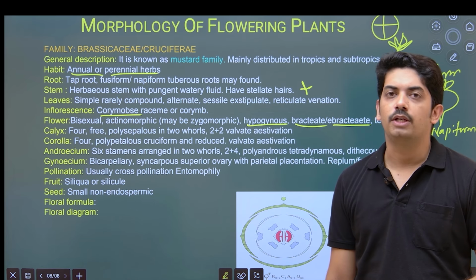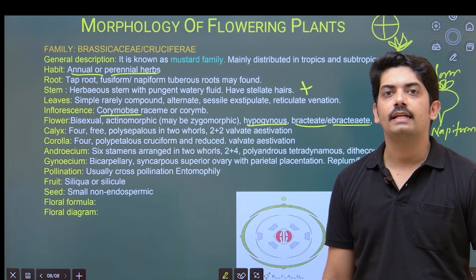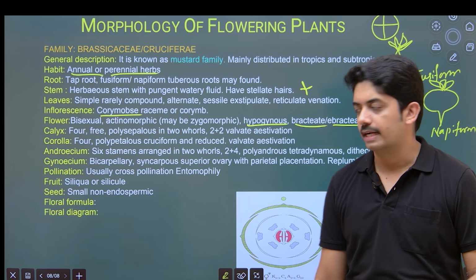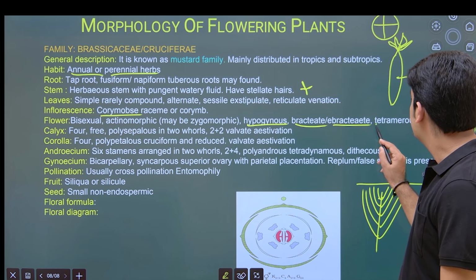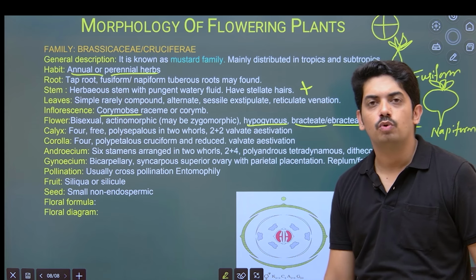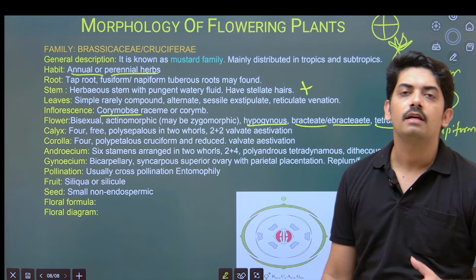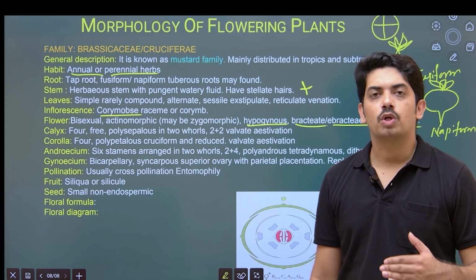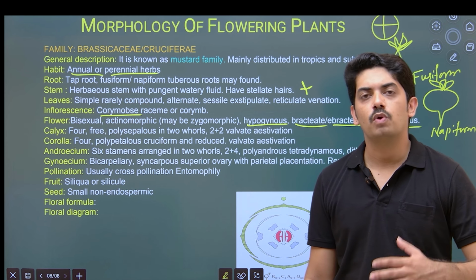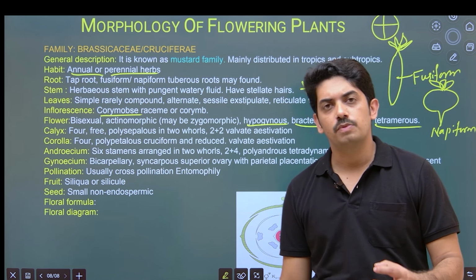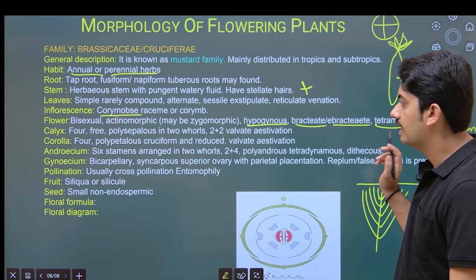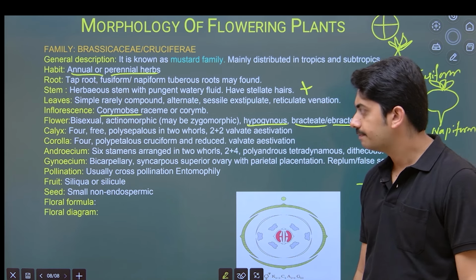Some of them do not have. If present, it is called bracteate. If it is absent, then it is called ebracteate. Then tetramerous condition, that means you observe the floral whorls in multiples, 4 calyx, 4 corolla, 4 androecium, 4 gynoecium, like this you observe the multiples of different whorls. So it is called tetramerous condition, multiple of 4.